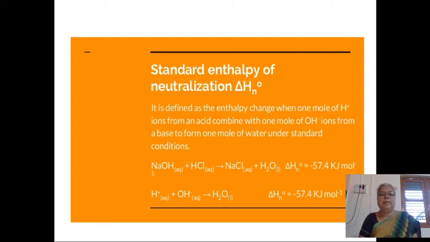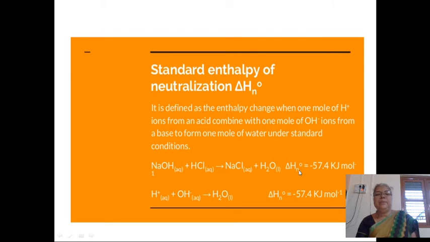under standard conditions. And the reaction is given here: NaOH, that means sodium hydroxide, plus HCl, that is acid. They produce salt NaCl plus H2O, and the reaction between acid and base is called neutralization reaction, and the product of neutralization reaction is the formation of salt and water.